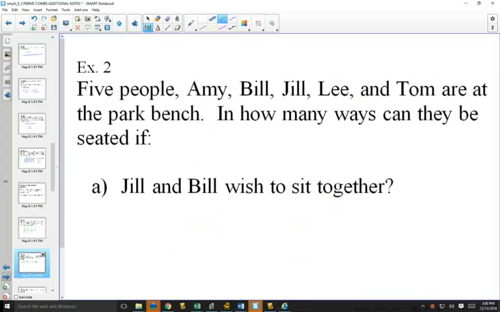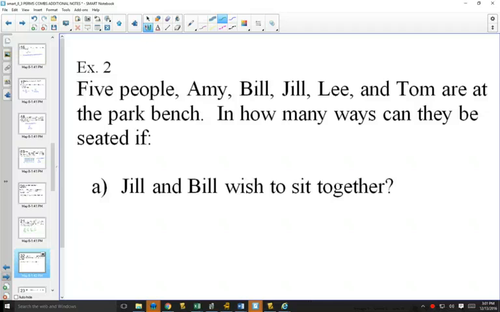Example 2. You've got 5 people sitting on a park bench, and now Jill and Bill want to sit together. Ooh. So it becomes a grouping question because you want 2 people grouped together.